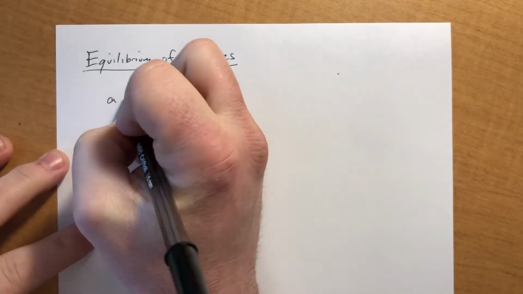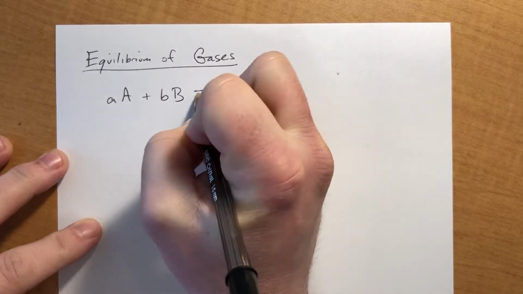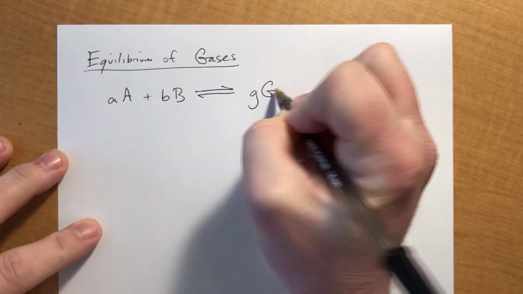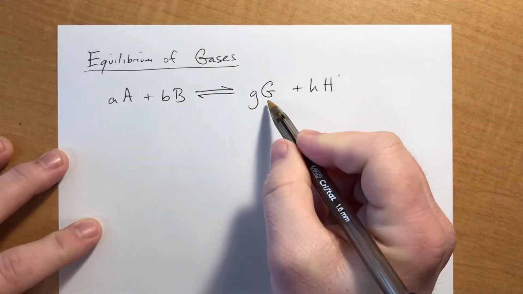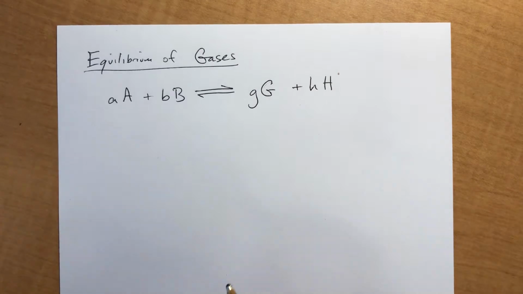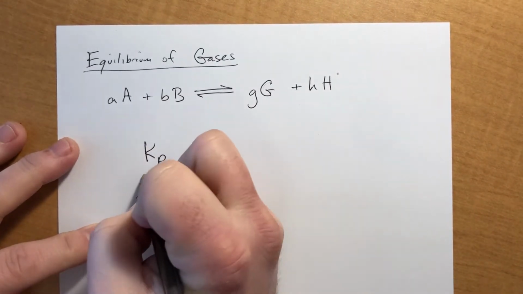So if you had a generic reaction, the same one we saw before, at equilibrium, A moles of A plus B moles of B forms G moles of G and H moles of H. What we end up with is essentially the same idea as Kc, but it's called Kp.